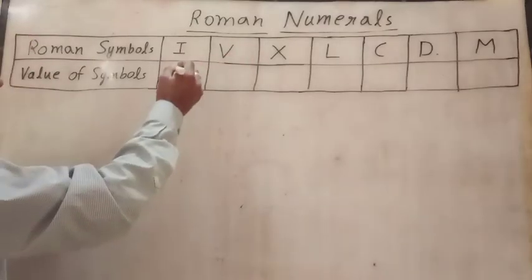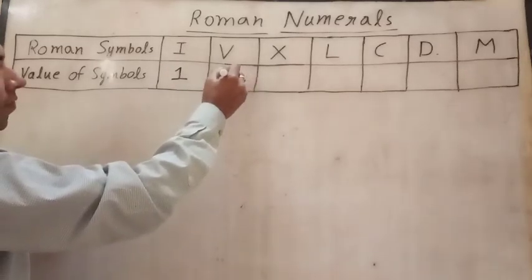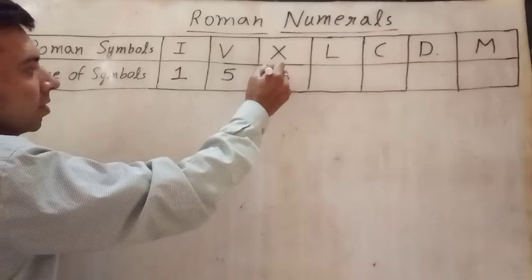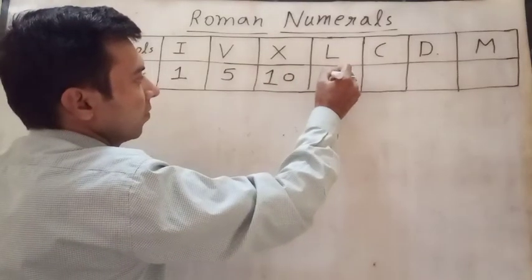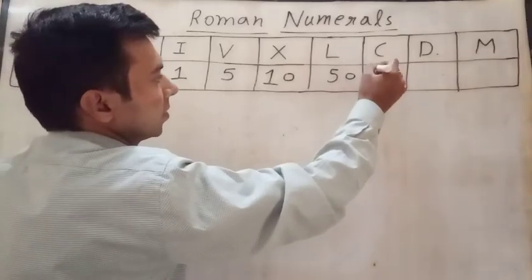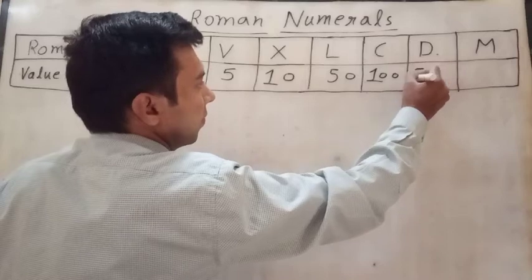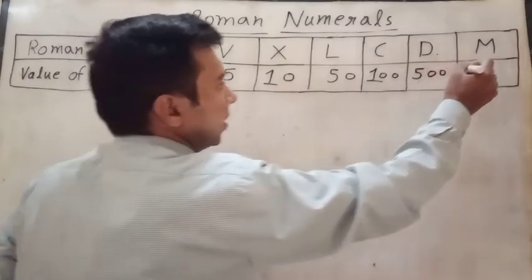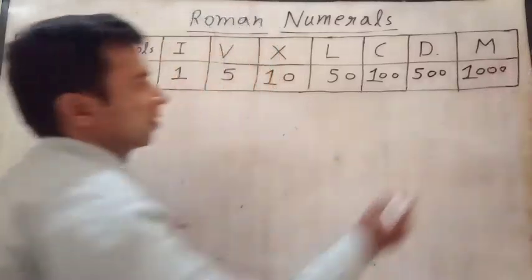So, what are the values? I is 1, V is 5, X is 10, L is 50, C is 100, D is 500, M is 1000. Clear?